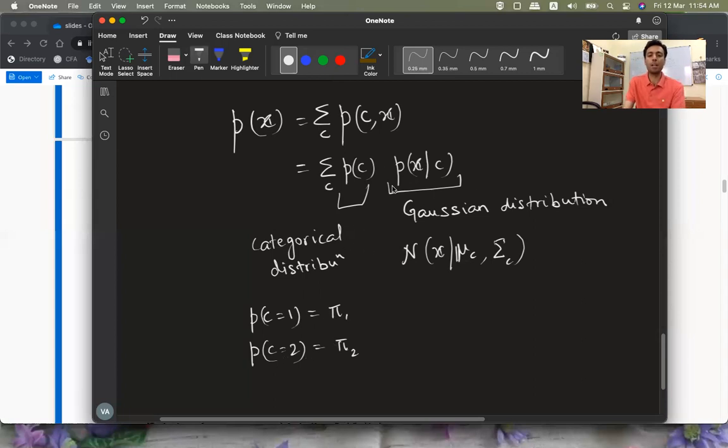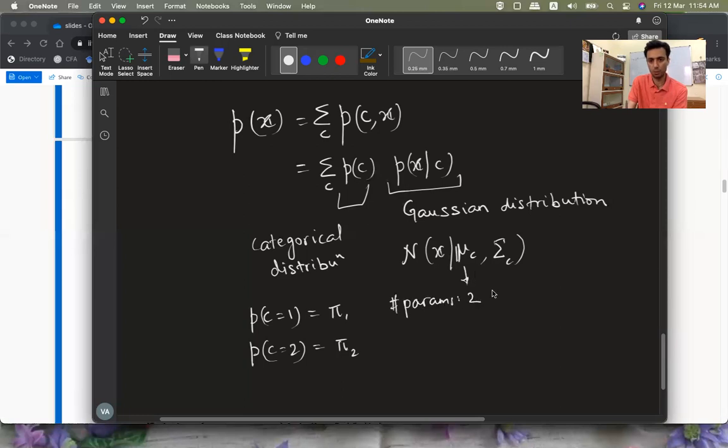How many parameters are there in each Gaussian distribution? Take a single Gaussian first. 6. Yes, 6, correct.